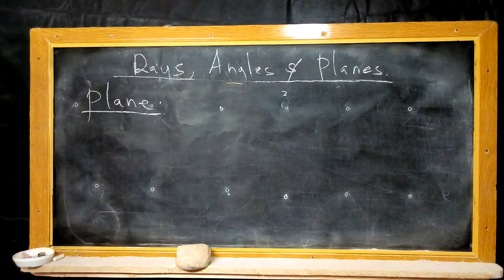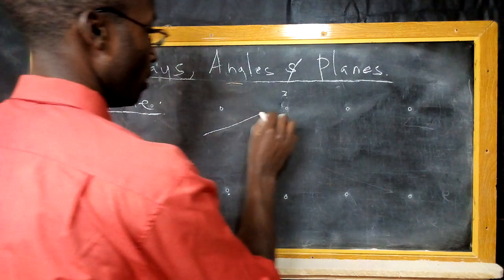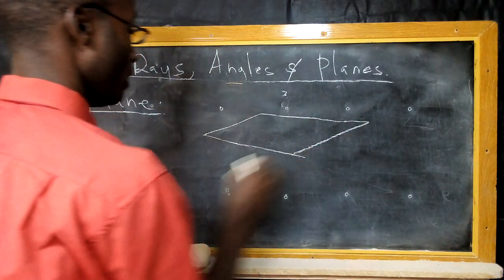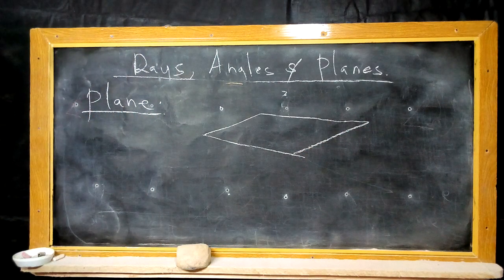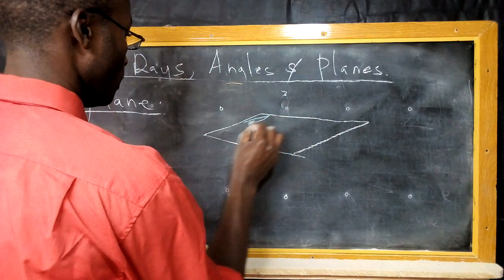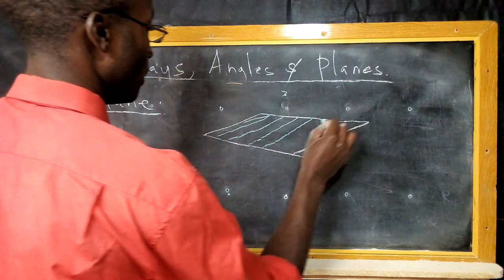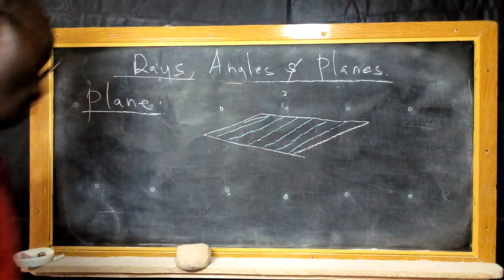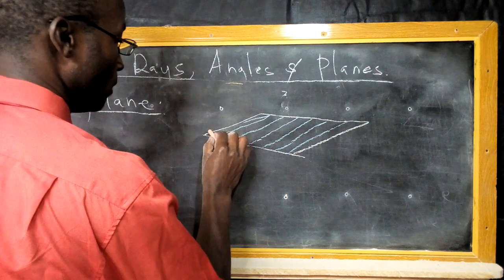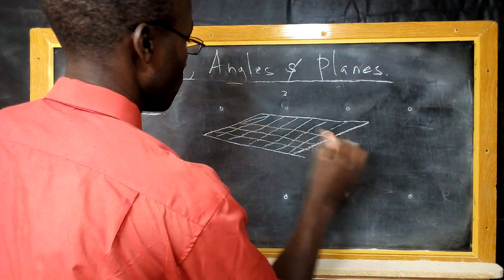now there's the concept of a plane, which I'm just going to demonstrate using this particular drawing of lines. So this one I'm just drawing in two-dimensional space, trying to show a flat surface.